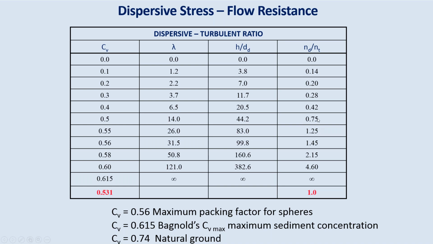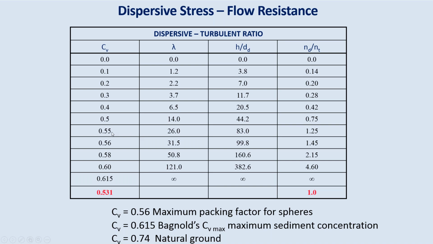So about half of the loss of the momentum and energy in the flow is due to the particle collisions. That is the momentum being transferred from the core of the flow down to the bed, about 50-50 turbulent versus dispersive impact of particles on the bed.